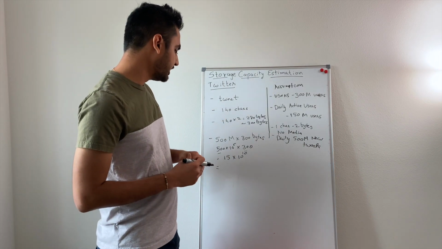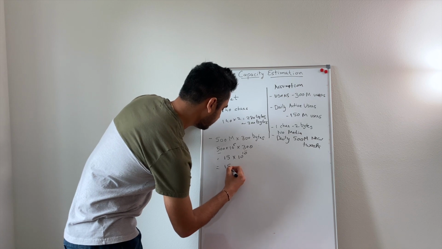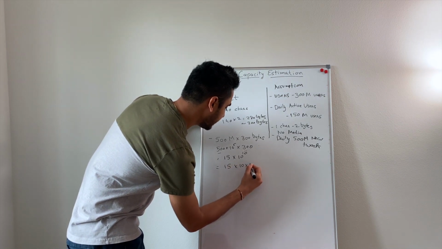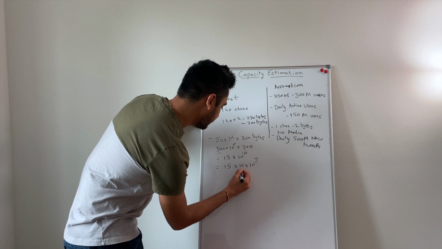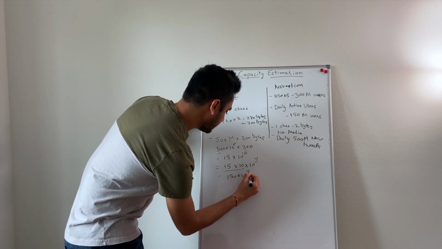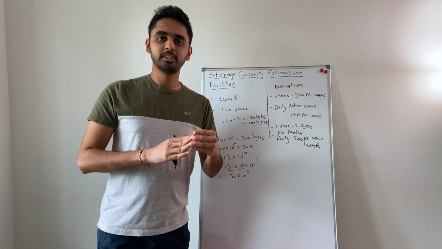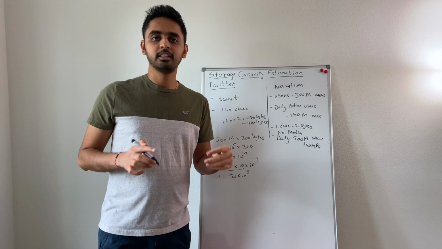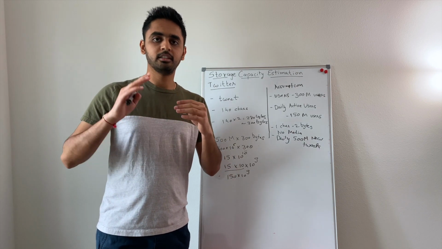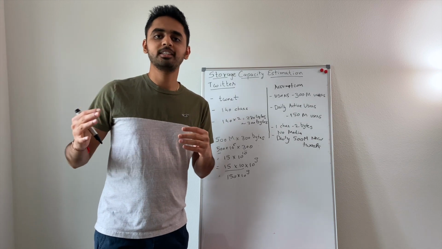So what we can do here is 15 into 10 into 10 raised to 9. So 15 into 10 is 150, and into 10 raised to 9. Now 10 raised to 9 is gigabyte. So 10 raised to 6 is approximately megabyte, then 10 raised to 9 is gigabyte, and then 10 raised to 12 is terabyte.